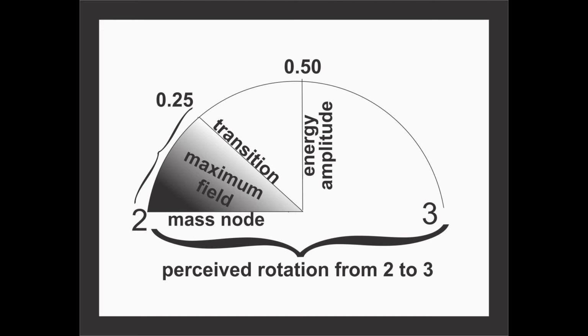Given that the node is a mass node and the amplitude is an energy node, then the transition positions between them are neutral. The maximum field perception of the number 2 vector, and by extension any number vector, is then 25% of a vector rotation.